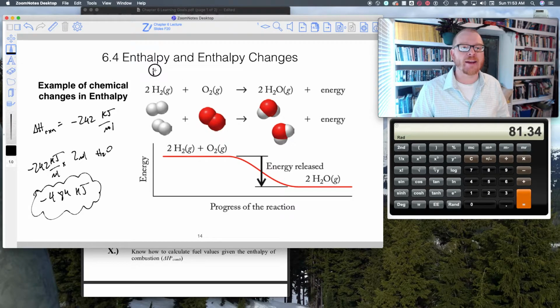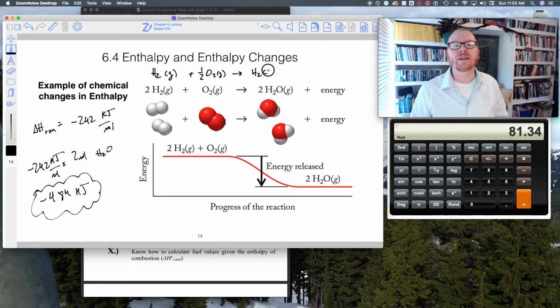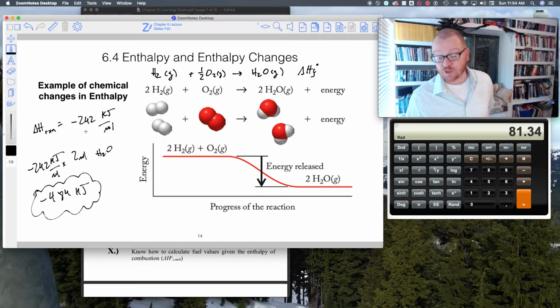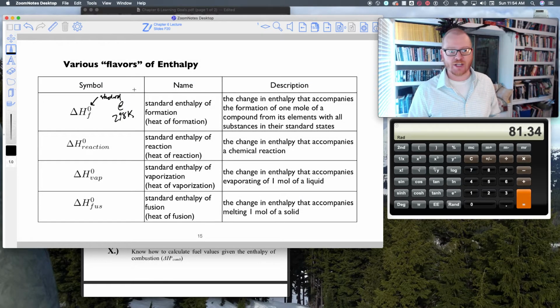And really we'd have to write it as H2 gas, that's the standard state, plus 1/2 O2 gas. Oxygen is a gas at room temperature, and this would make 1 single mole of H2O. Okay? So this would give me the delta H of formation of water, and that's negative 242 kilojoules per mole. With 1 mole, 242 kilojoules would be released to form water from its elements at standard state. Okay, so that's what delta HF means.